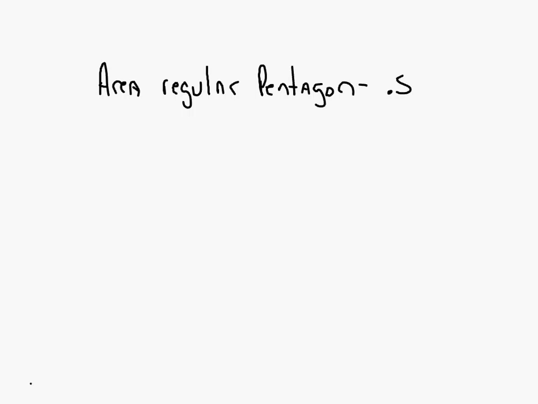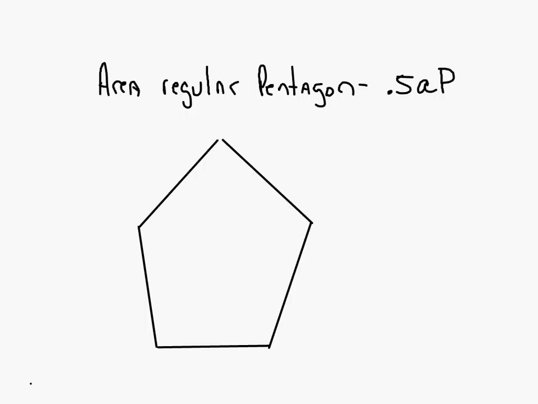Remember the area of a regular pentagon. That's 0.5 times apothem times perimeter of the base. And remember, on a regular pentagon, that apothem, you remember what the apothem is or where it is?